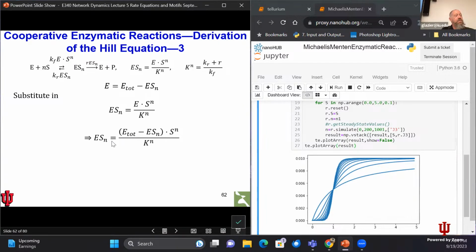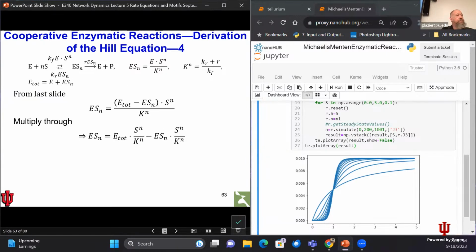Now I have to redistribute this to get that ESN over here so that I get my result. I multiply through. ESN is equal to E total times S to the N over K to the N minus ESN times S to the N over K to the N. I'm going to add ESN times S to the N over K to the N to both sides.